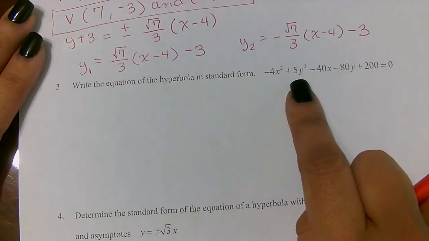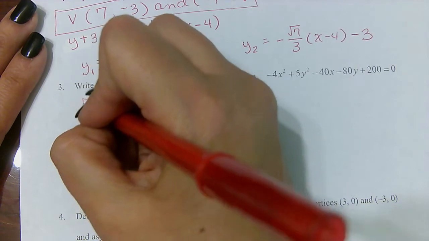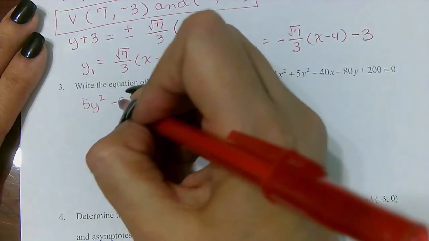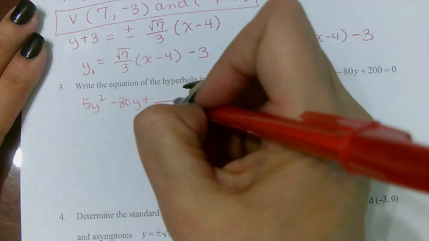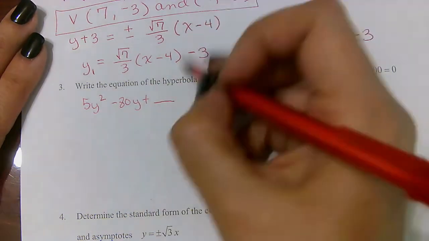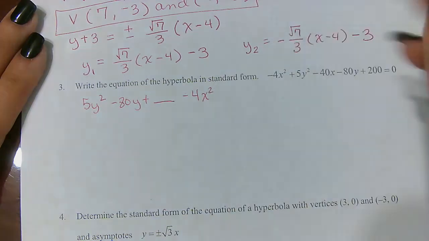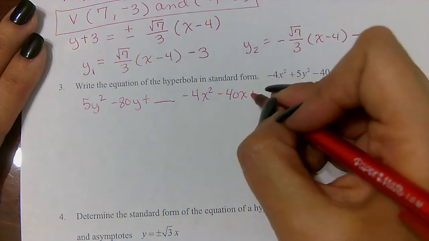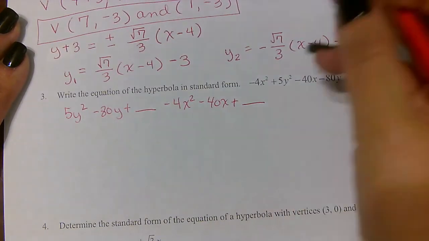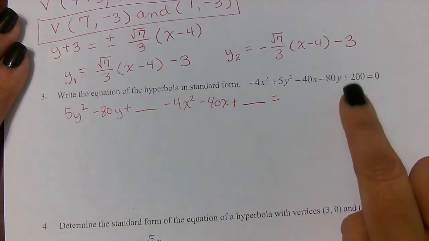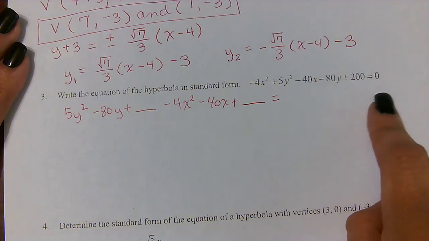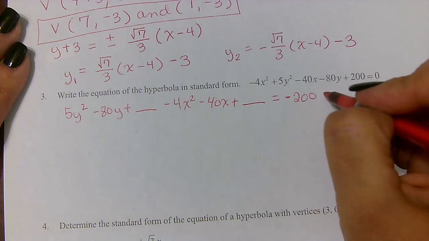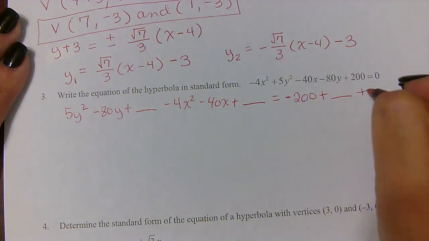So I'm going to combine my terms. 5y squared minus 80y plus some number minus 4x squared minus 40x plus some number. All of this will be equal to, and then take this constant over to the other side, which means it'll be equal to negative 200 plus 2 numbers.